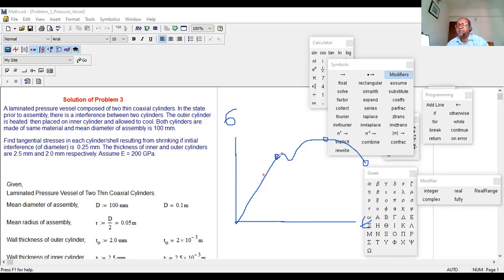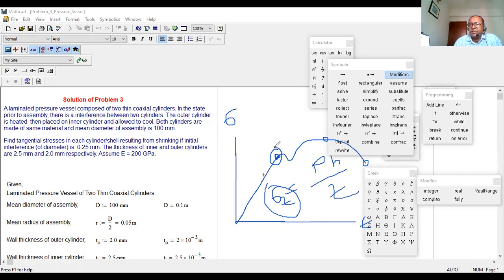That means the material has not failed. You got it, this point? So in a cylinder, what is the stress? Sigma T equal to PR by T, right? So you make sure that this sigma T value is not higher than the yield strength. Okay.